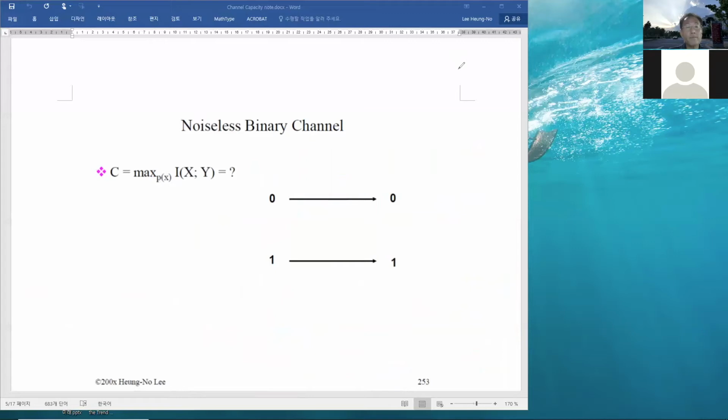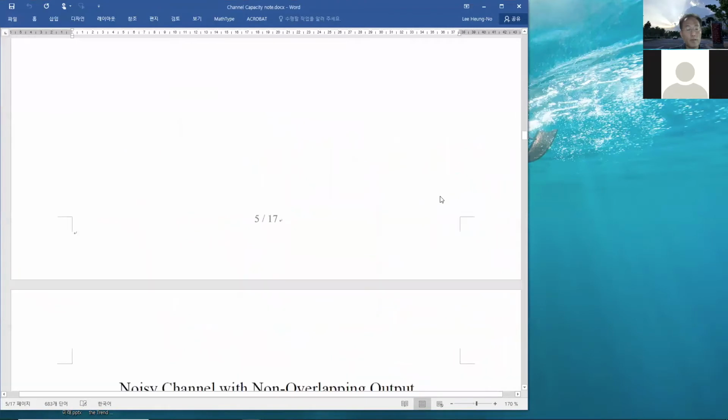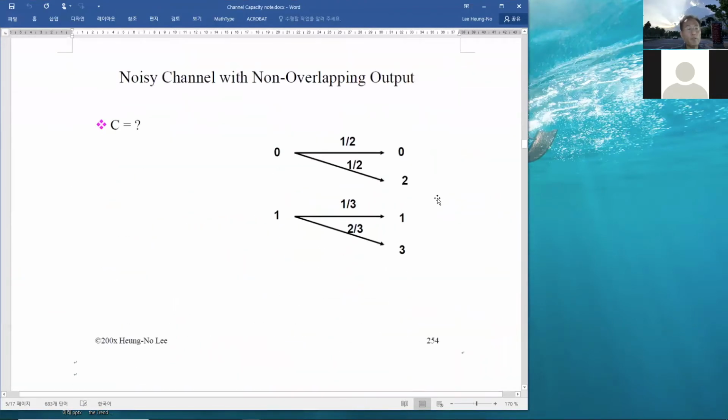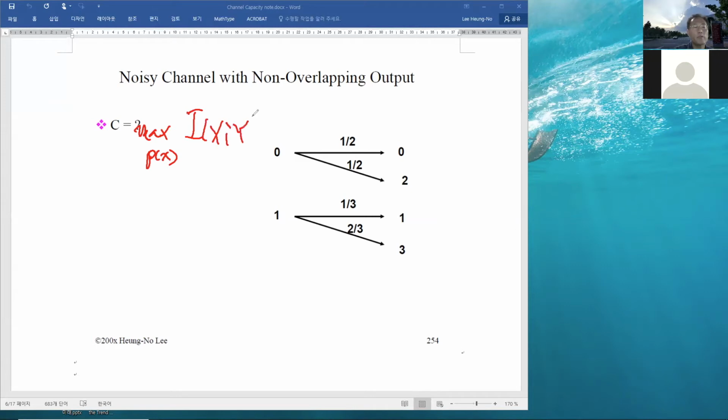Right. Let's go to the other example: the noisy channel with non-overlapping output. In this particular case, what is going to be the capacity C? Again, we have to talk about maximization over p of x of the mutual information between input and output.